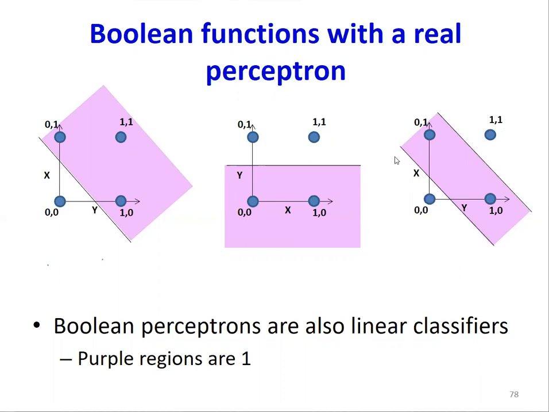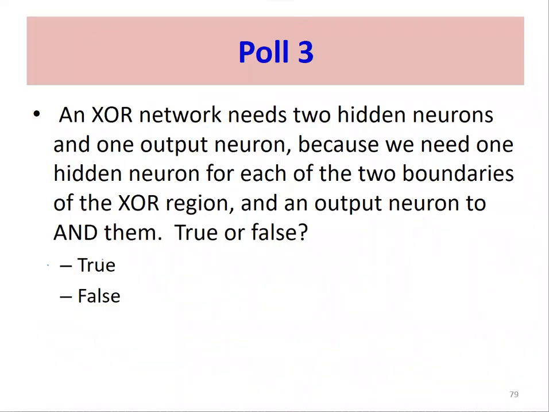So you want a network which outputs a 1 in the purple band and 0 elsewhere. You will need 2 boundaries, 2 perceptrons, one to capture the lower boundary, the other to capture the upper boundary, and then you'll need to combine the 2. That's why we end up with a 3 perceptron circuit, right?